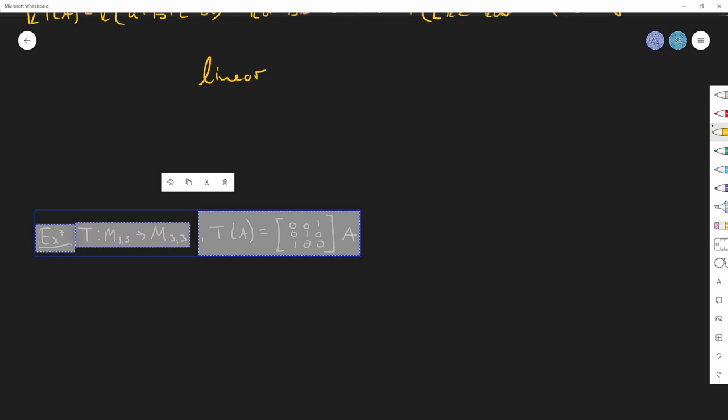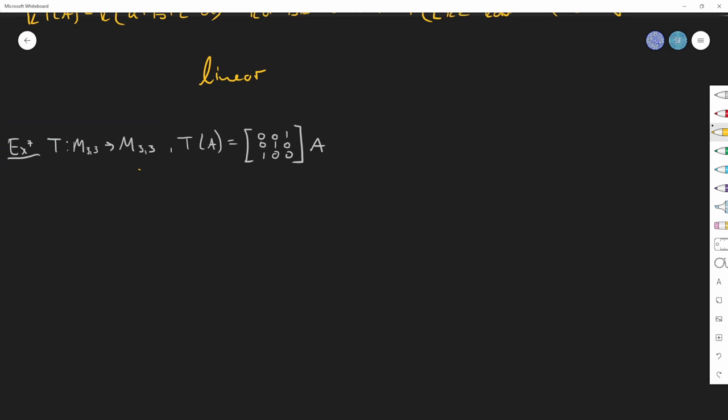The linear transformation is T of A equals the matrix 0, 0, 1, 0, 1, 0, 1, 0, 0 multiplied by that matrix A.